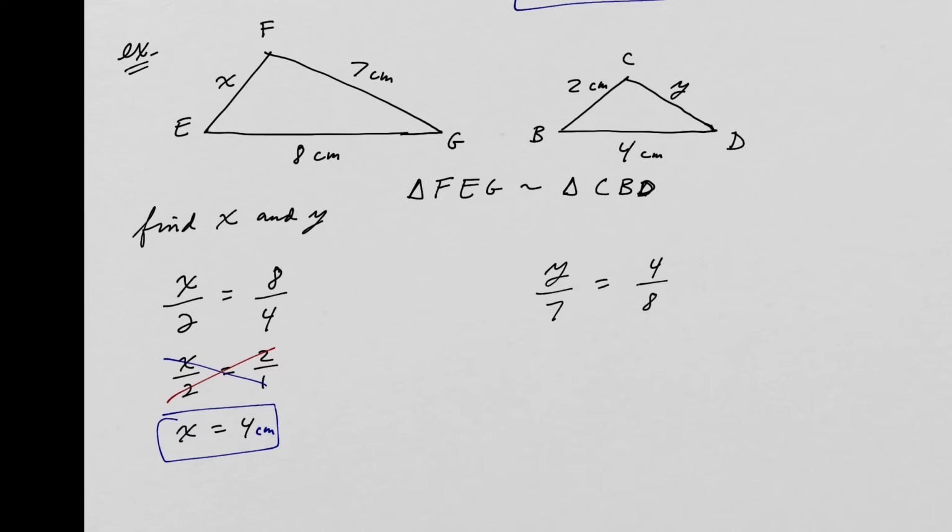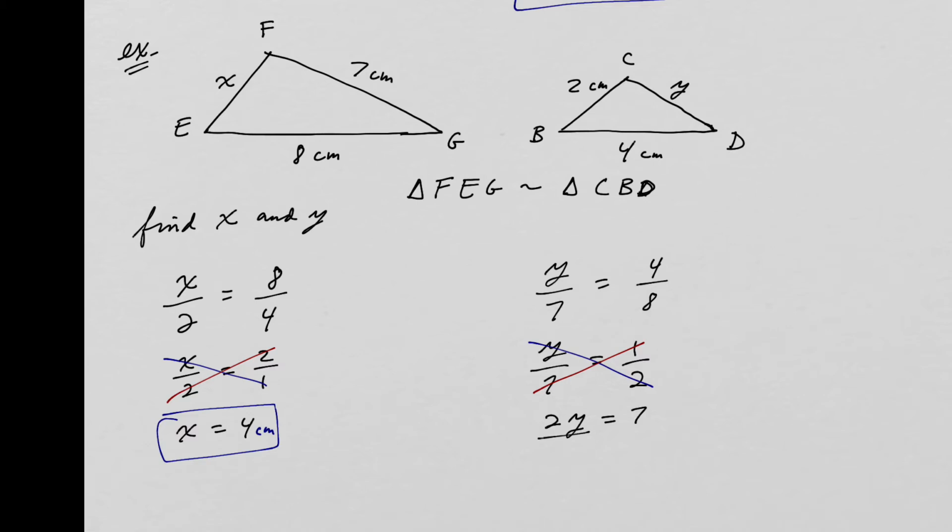Then I go back to this one. Let's see, I can simplify this. I don't have to, but I'm going to write it as 1/2 just to keep my numbers smaller. And then I cross multiply, so Y times 2 is 2Y. And then 7 times 1 is 7.